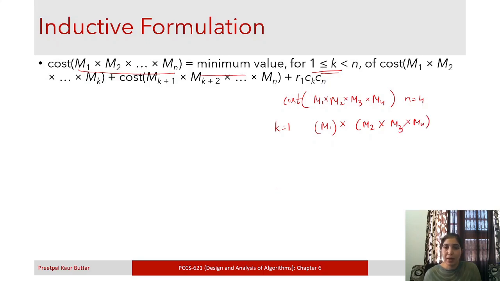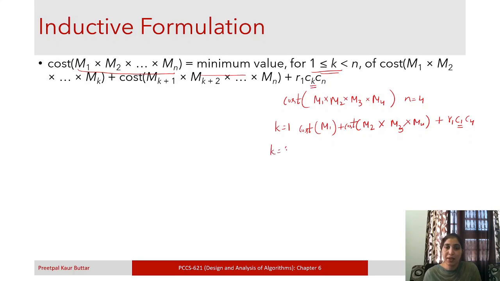It will have some cost, plus some cost, plus when you multiply them together there will be some cost, which will be R1 into C1 into C4. Because k is 1 here, that is why I have written C1.